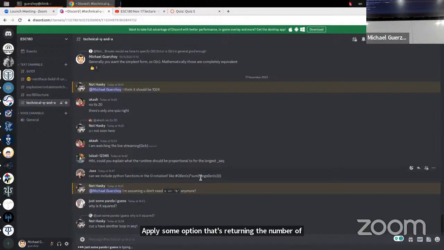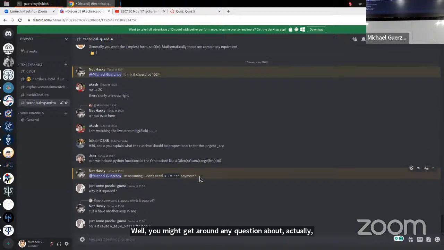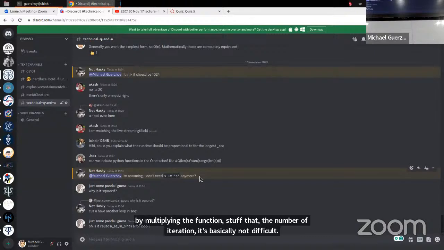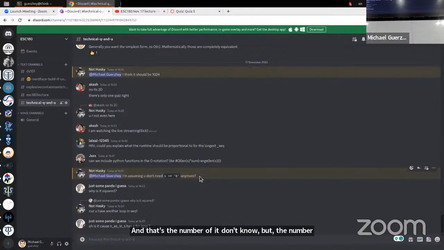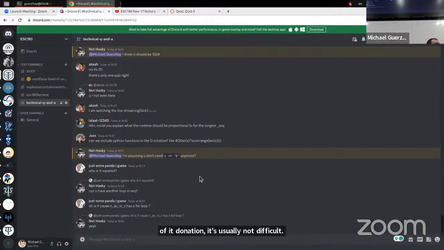If you're asking whether you can do that on the exam, you might get around any question about complexity by modifying the function such that it counts the number of iterations, which is usually not difficult, and then plugging that in as your answer. That's creative, but I thought of it first, so you can do that.